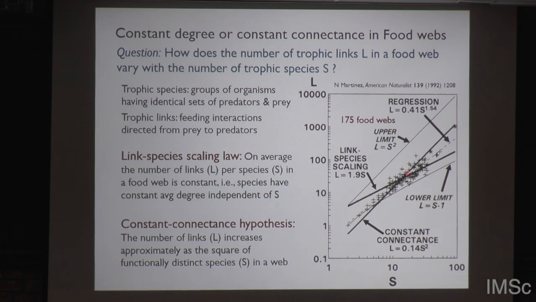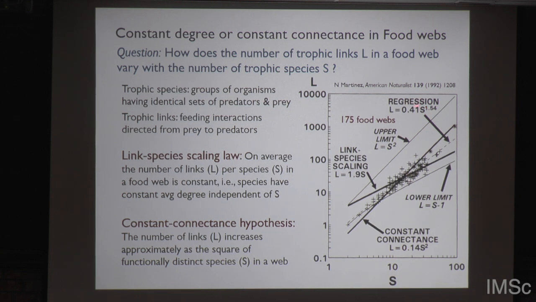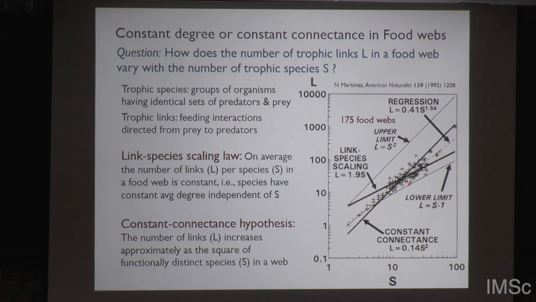What you note is that if you actually try to do a regression fit, the best fit is like S raised to about 1.5. So it's clear that nature does not seem to follow either fully the constant connectance hypothesis or fully the link-species scaling law. The best guess is that it probably does something like this.